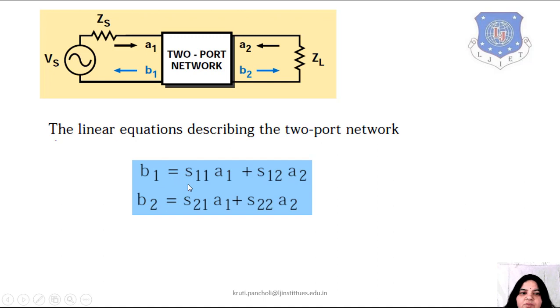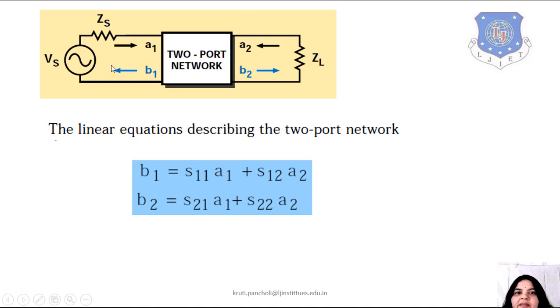B1 is equal to S11. When you are transmitting from port 1, you can have some output at port 1. So that is my S11. What is S11?